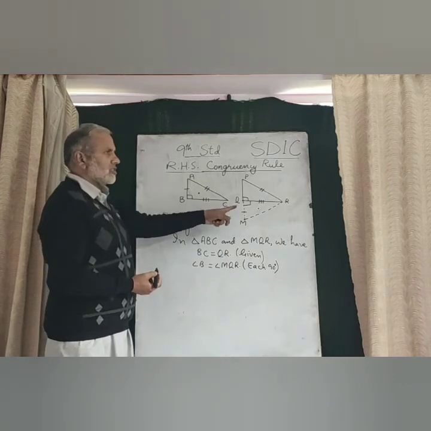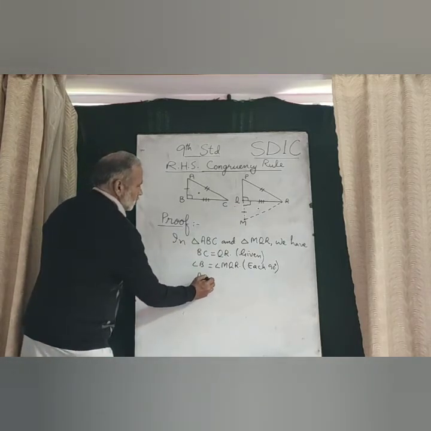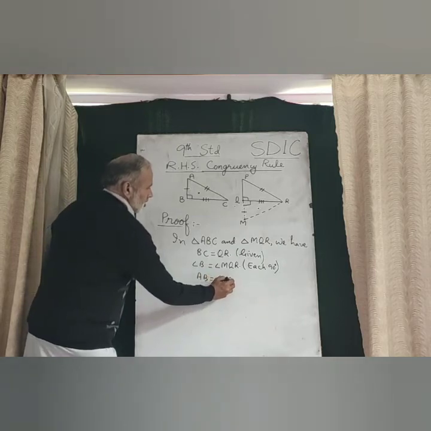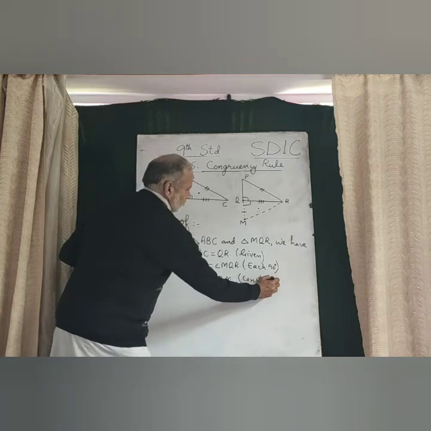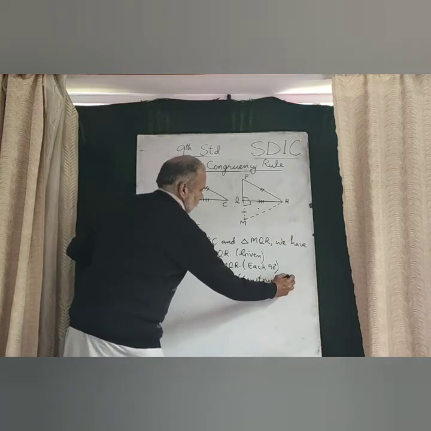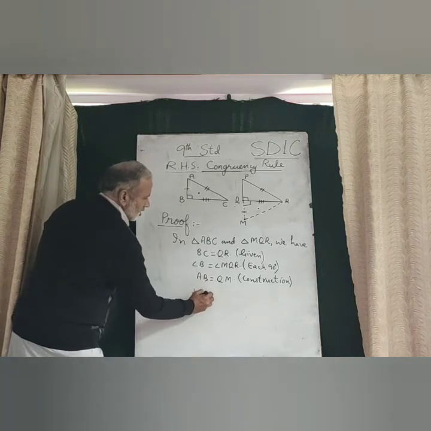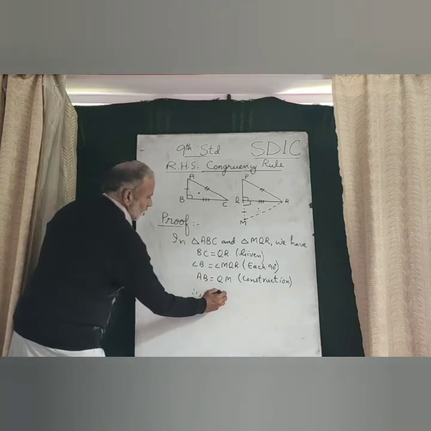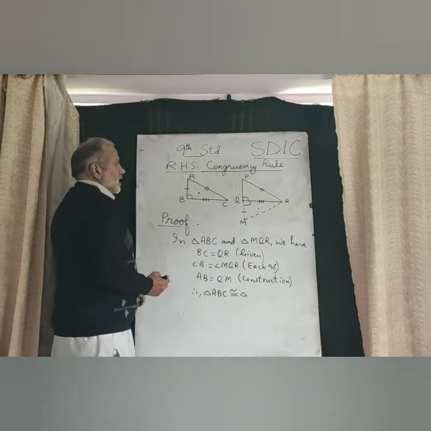This we have done in the construction. We also have AB is equal to QM. This is also the construction. With these three steps, we can therefore say the two triangles are congruent. Triangle ABC is congruent to triangle MQR.